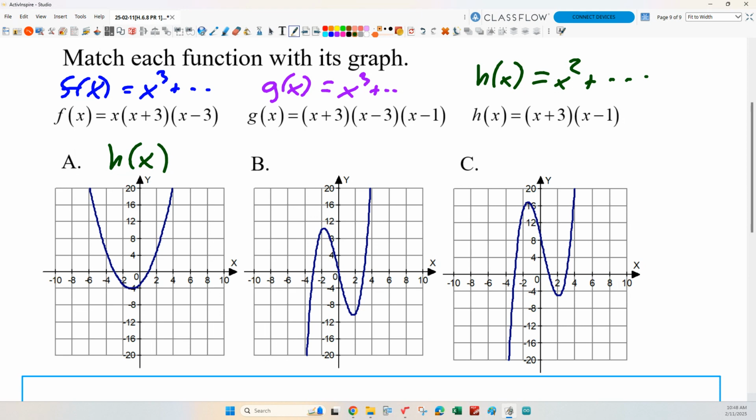Because that first 0 is at, what's the 0 of the factor x? At 0. Well, look, this one has an x-intercept at 0. So that's f of x. And then this must be g of x, which makes sense. My x-intercepts would be at 1, 3, and negative 3, which matches up with those x-intercepts, right? Everybody see that?